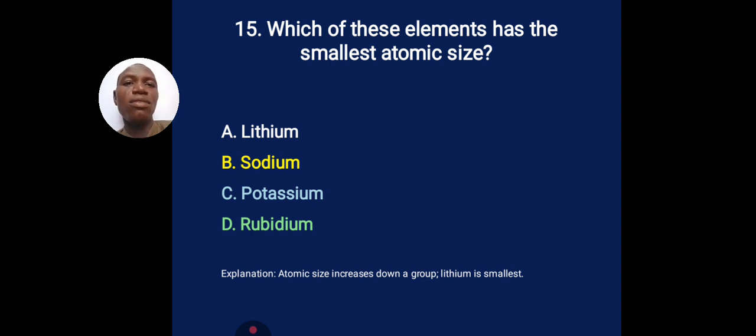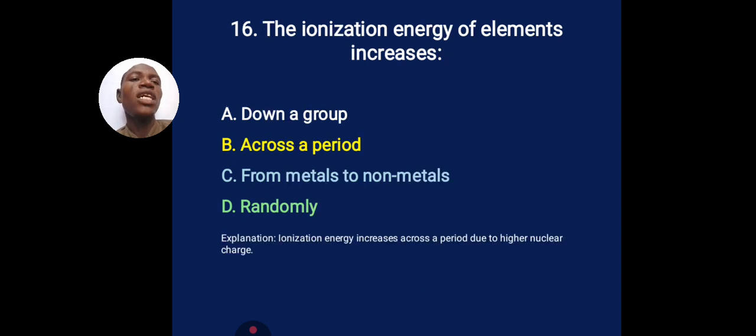Sodium has 3, potassium has 4, rubidium may have more than 5 or 6. Okay, so let's go. The ionization energy of an element increases down the group and across a period from metals to non-metals.